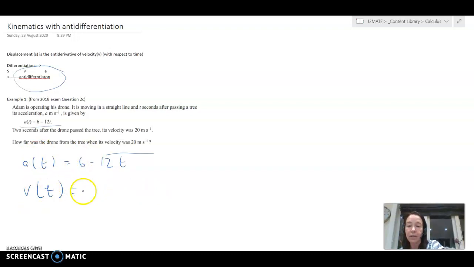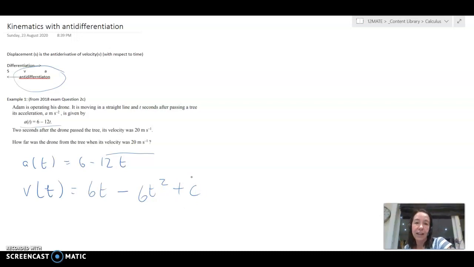So the 6 gives me 6t. Remember, it's in terms of time, so it's t, not x. And 12t would become t squared. 12 divided by 2 is 6. And I've got some c that could have been added on there that I need to acknowledge as well.